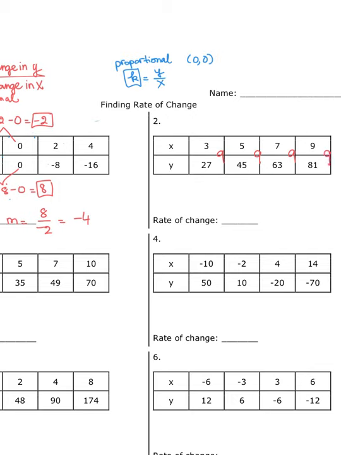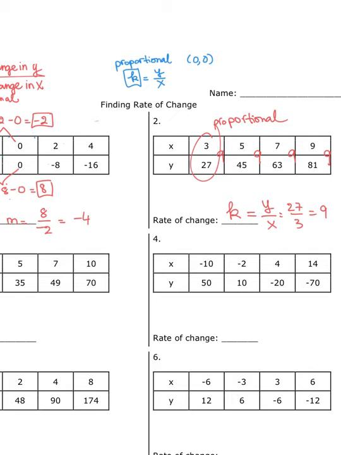So this k, these are the same number, so this is proportional. So rate of change will be k equals y over x. We can pick any point. So 27 divided by 3 is 9. So your rate of change is 9.